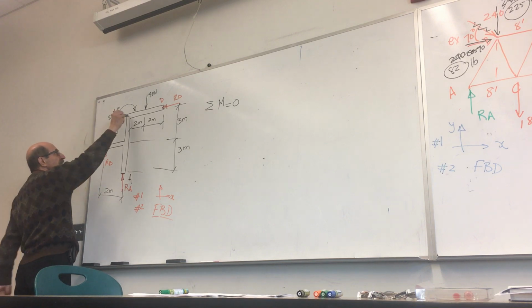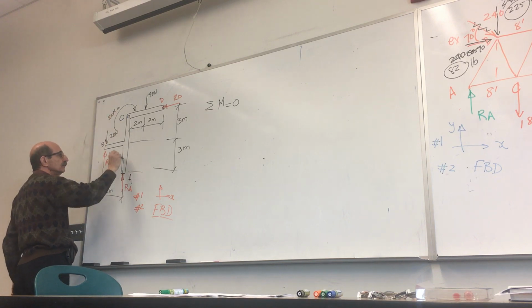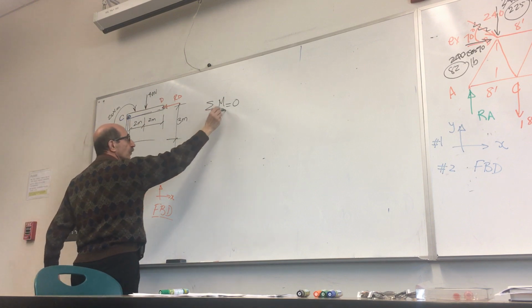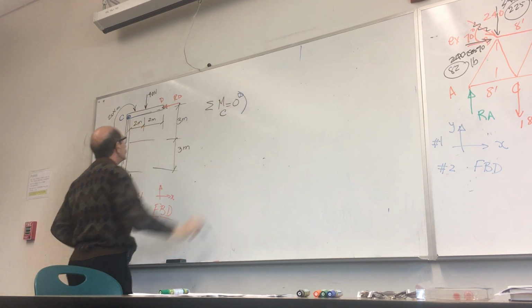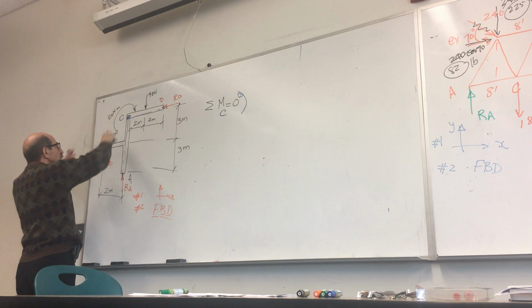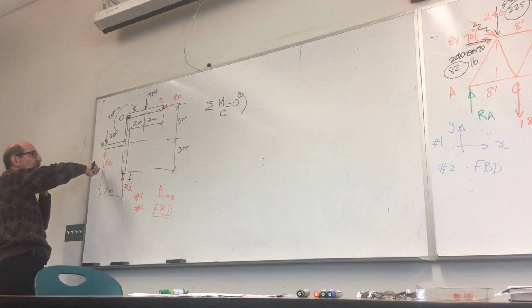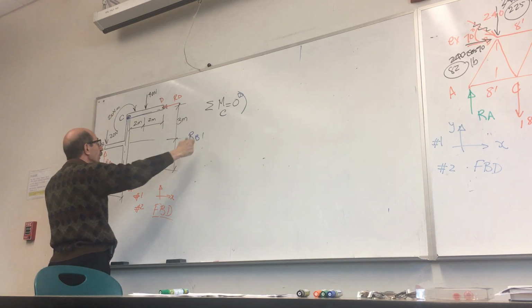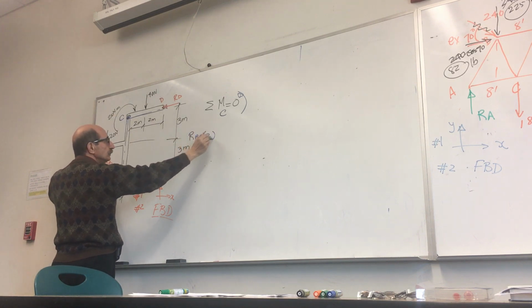You said it, yes. If I take summation of moments about point C, I get rid of these 2, you only have this one. So you just have R_B, which will be clockwise, times 2, negative.